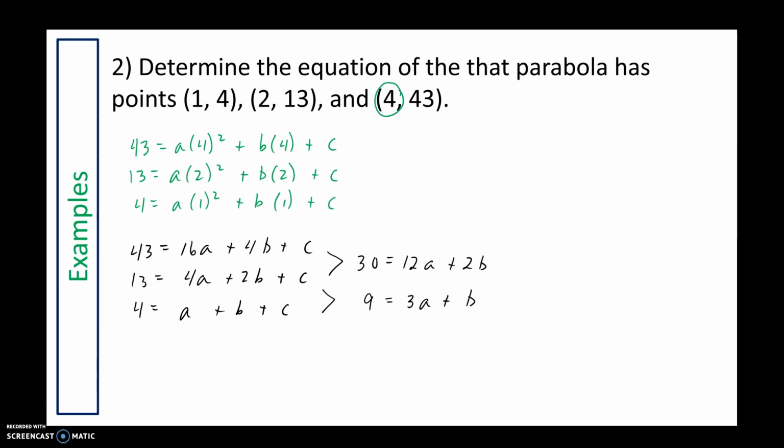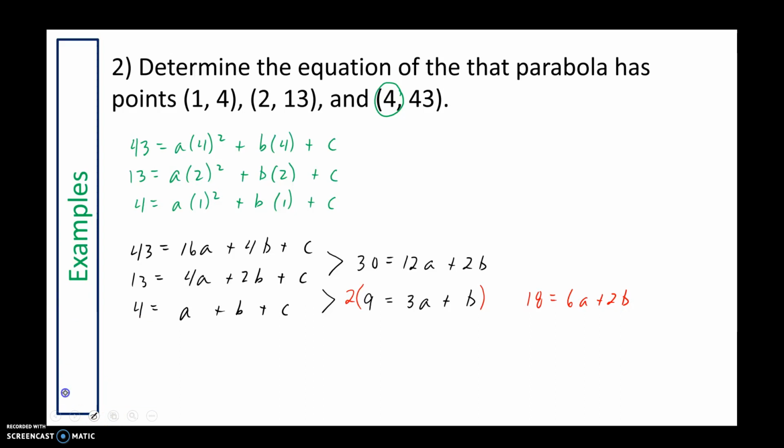Now here, notice I can't just subtract these equations because none of the coefficients are the same. That's okay. Now we know how to solve a system. I'm going to multiply this equation by 2. So now I have 18 equals 6a plus 2b.